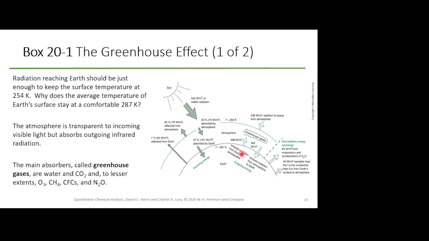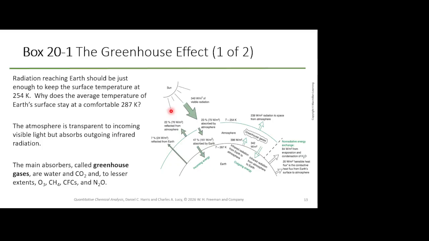So this right here is an overall graph of the inputs and outputs that we're looking at for the greenhouse effect. And this right here is the energy coming in from the sun, the visible radiation. What you'll see is that part of this energy just gets refracted back off from the atmosphere, because if you ever look at the Earth from external, there's a fair amount.